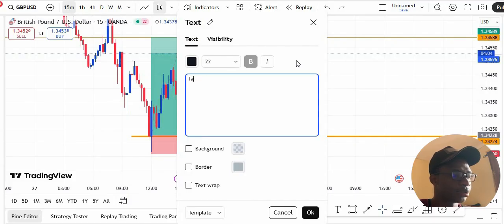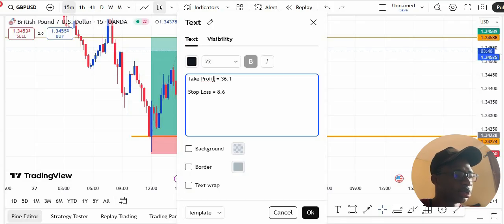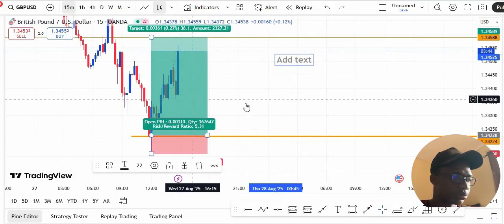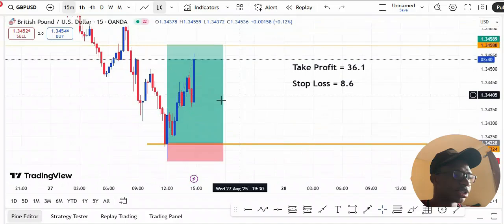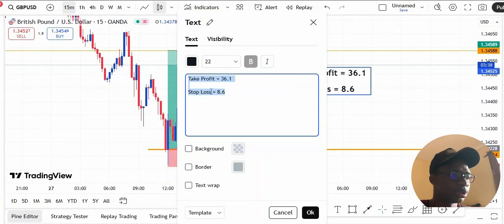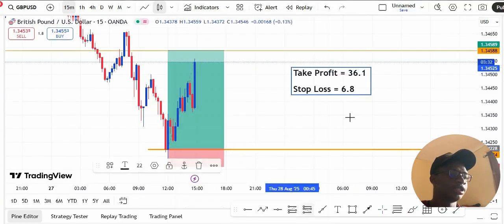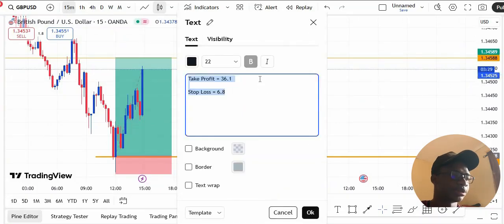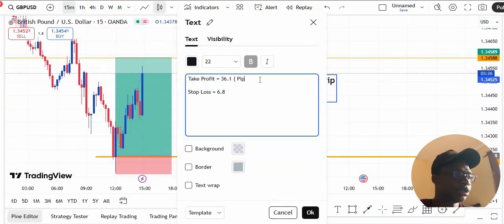The 6.8 and 36.1. Now these are measured in what? In pips. These are measured in pips.